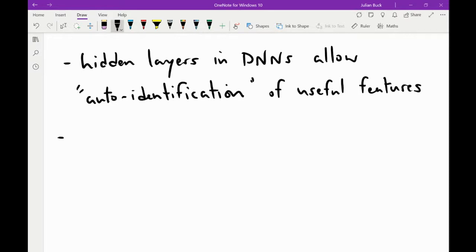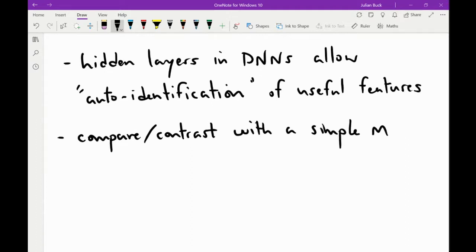Okay, so let's compare and contrast with a simple machine learning algorithm like multiple linear regression.